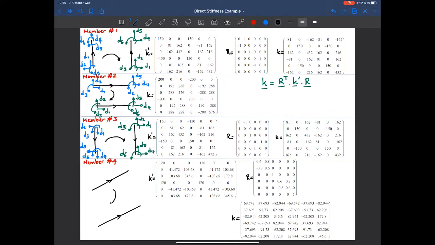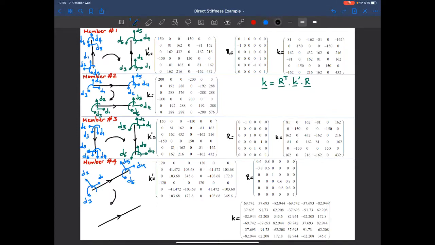And let's do the same thing for the inclined member. Again, we will show the transformed degrees of freedom here. That will be D1 local x, D2 local y, D3, D4 local x at the end node, D5, D6.